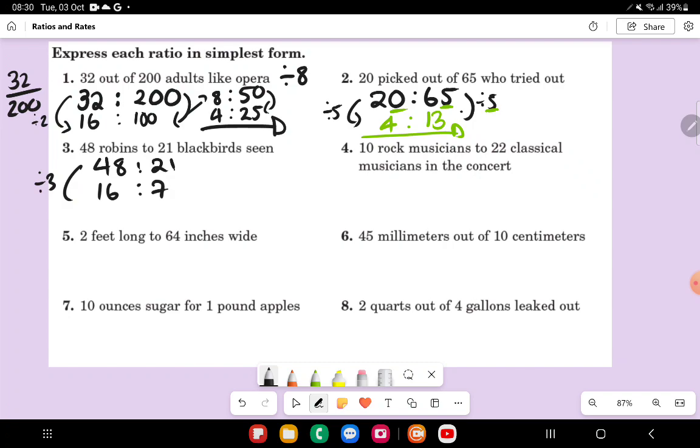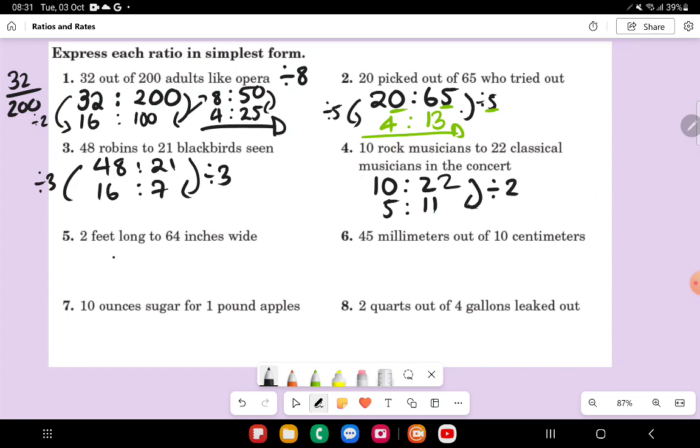And since 7 is a prime number, I am going to stop there. Divide by 3. 10 to 22. I'm going to divide by 2, which gives me 5 to 11. Both of them are prime numbers, so I leave it at that.